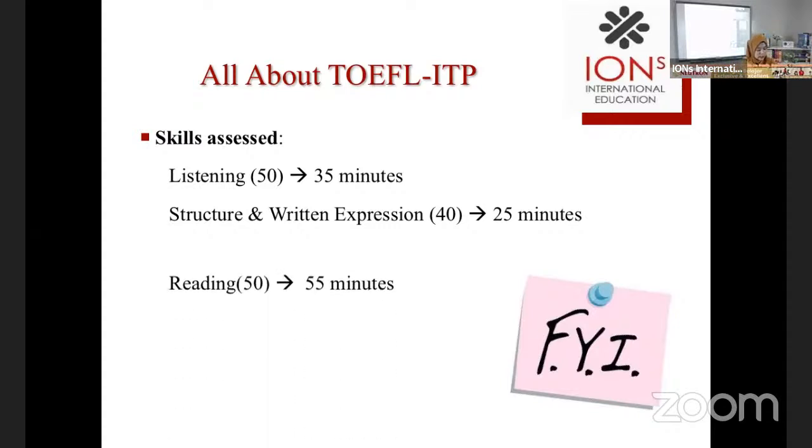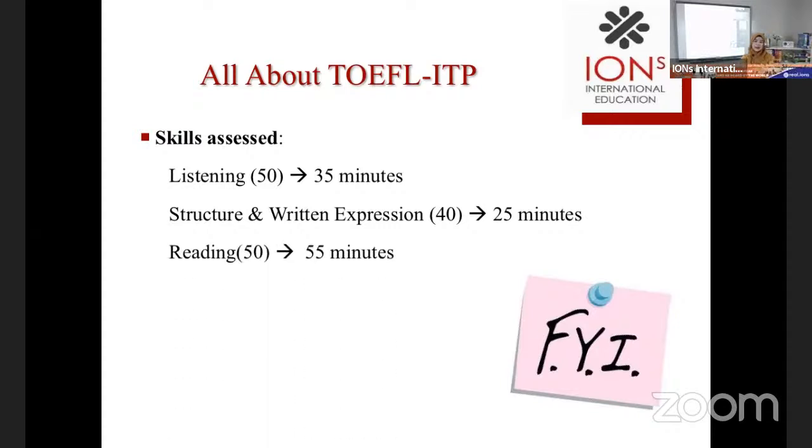Okay, and then skill ketiga yang akan dites di dalam TOEFL ITP test itu adalah reading comprehension. Reading comprehension. For reading comprehension itu ada 50 questions, ada 50 pertanyaan, 50 soal. 50 soal itu kemudian harus dikerjakan dalam waktu 55 menit, 55 minutes, right?